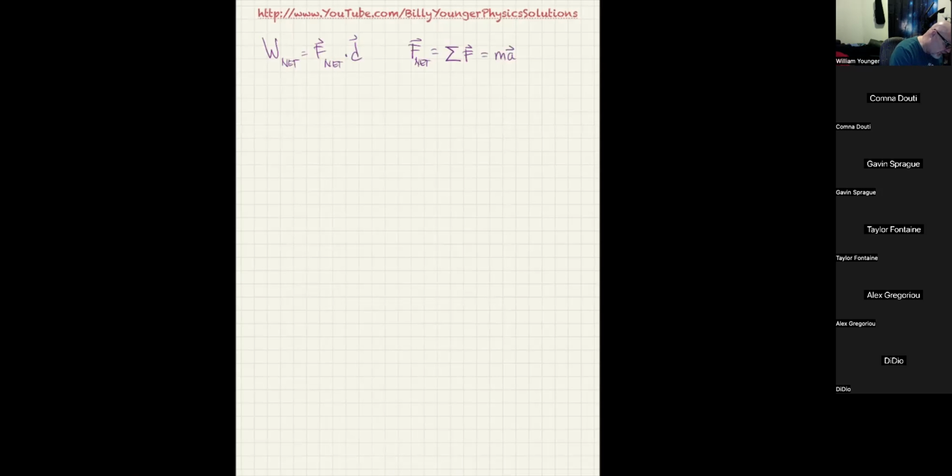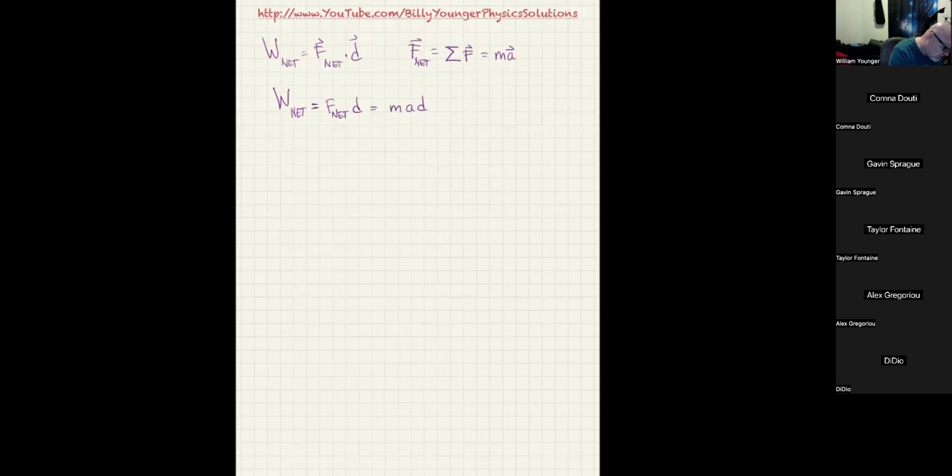So forgetting about the vectorness of it for a second, W net is actually equal to F net times D, where F net is the total force you apply to the object, and D is the displacement that it experiences. Now I will replace F net with the right-hand side of Newton's second law, which is m times a, and then of course that's times D.